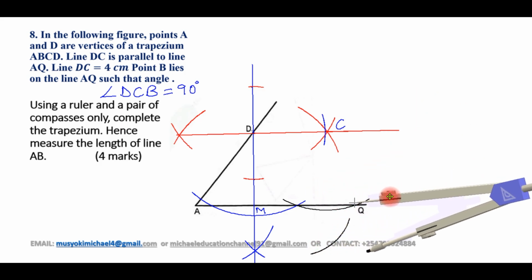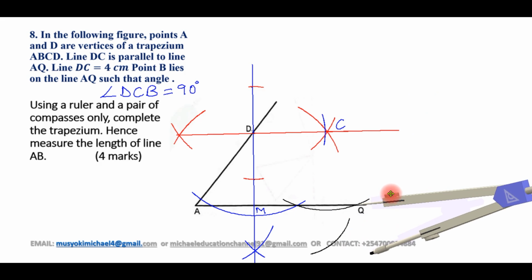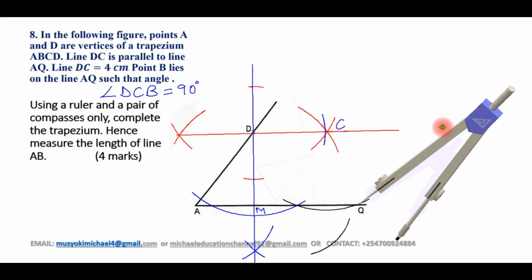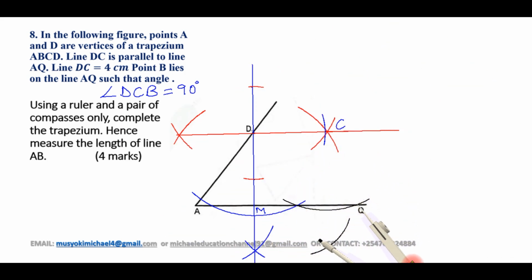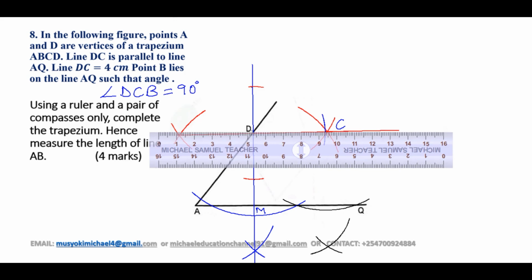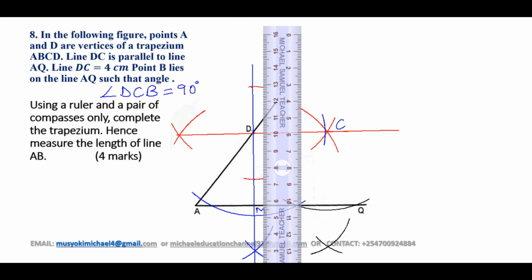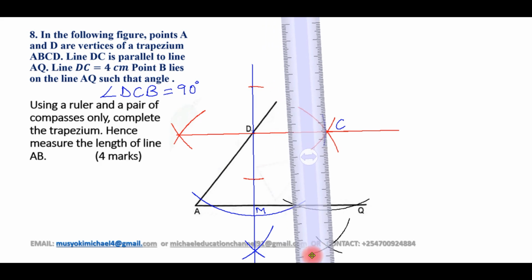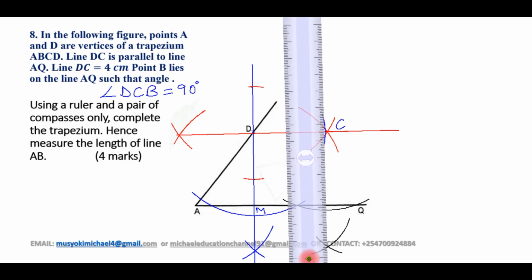Also maintaining the same radius, also draw an arc. So therefore, using a ruler, I join the arc and the point C.